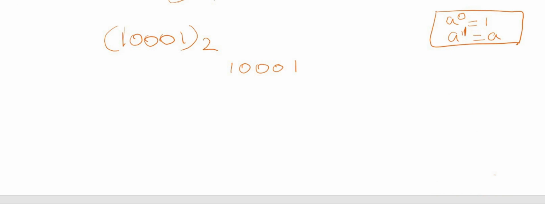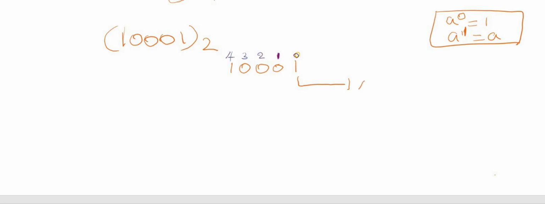Now let's do the conversion. For that, first take the last digit and its position value. The position value is 0 here, 1 here, 2 here, 3 here and 4 here. These are the position values.